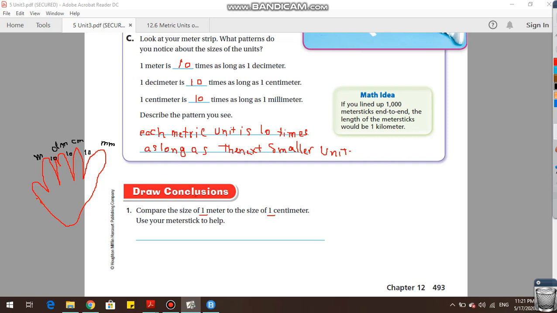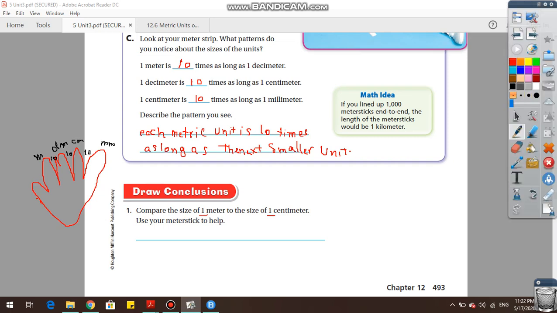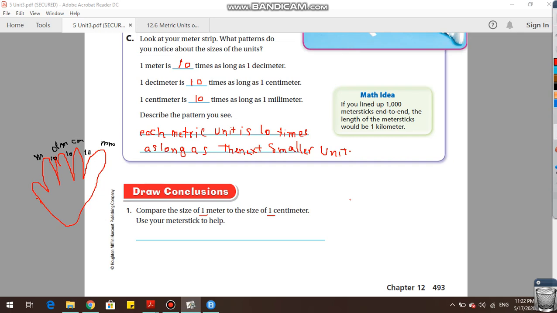Now here he wants me to convert from meter to centimeter. 1 meter equals how many centimeters? Between meter and centimeter, I have how many gaps? I have two gaps. So I have two zeros, here a zero and here a zero.